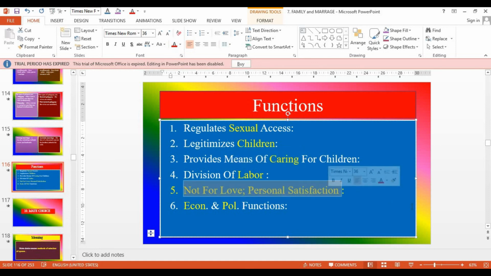Students, marriage does not mean only love. Various teenage marriages have this concept, or immature love. So personal satisfaction is what we have emphasized. Why does a person have the motive to get married?